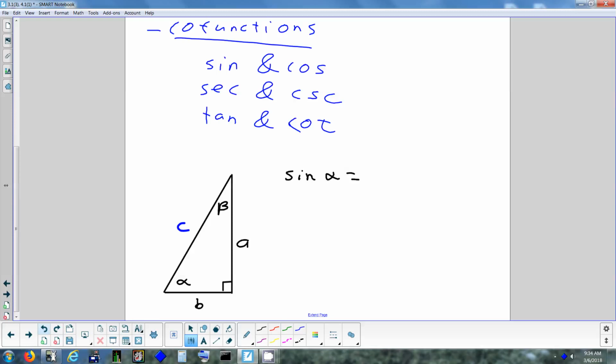I'm going to do this a couple times and see if you notice a pattern. Okay, so from the perspective of alpha, you're standing right there at alpha. We need opposite over hypotenuse. Right, so Nathan, what would be the sine of alpha?